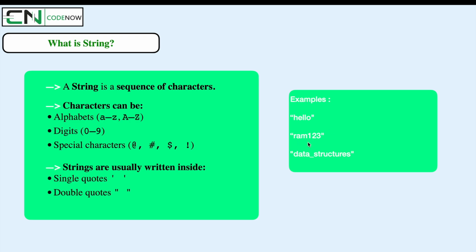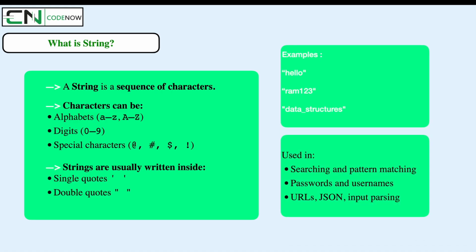It contains characters, which are alphabets and numbers. Now "data_structures". Here we also have an underscore, which is also considered a character. Let's move to the next point. Strings are basically used in searching and pattern matching, passwords and usernames, URLs, JSON, and input parsing.